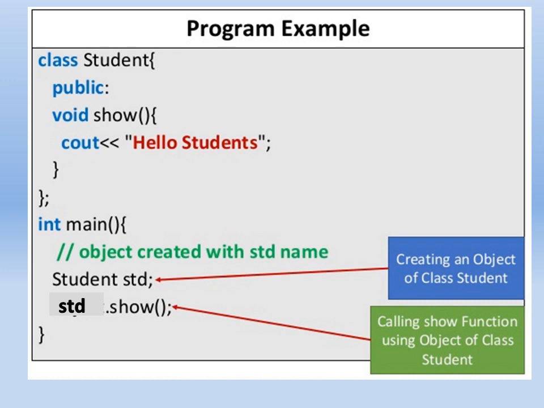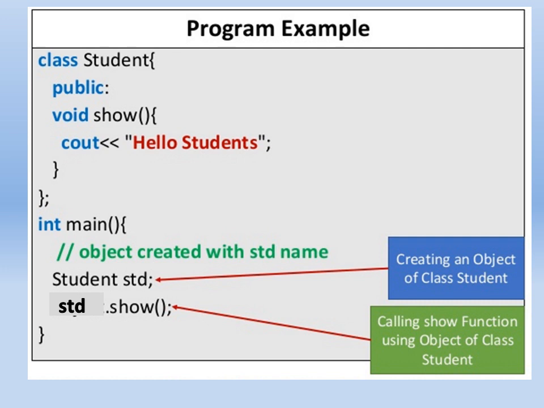Whatever object we created for the class student, through that object we are accessing the show function, which is the function of the class student. So student is the class and std, that is the instance of a class, is called an object.